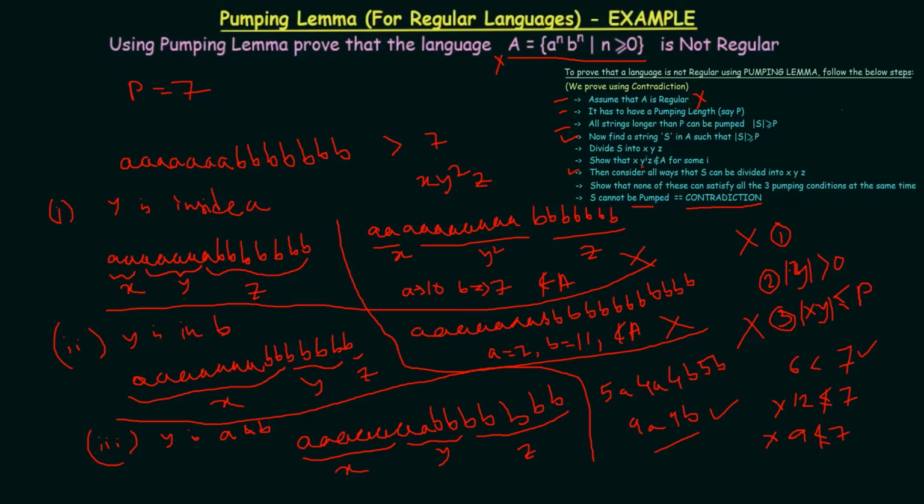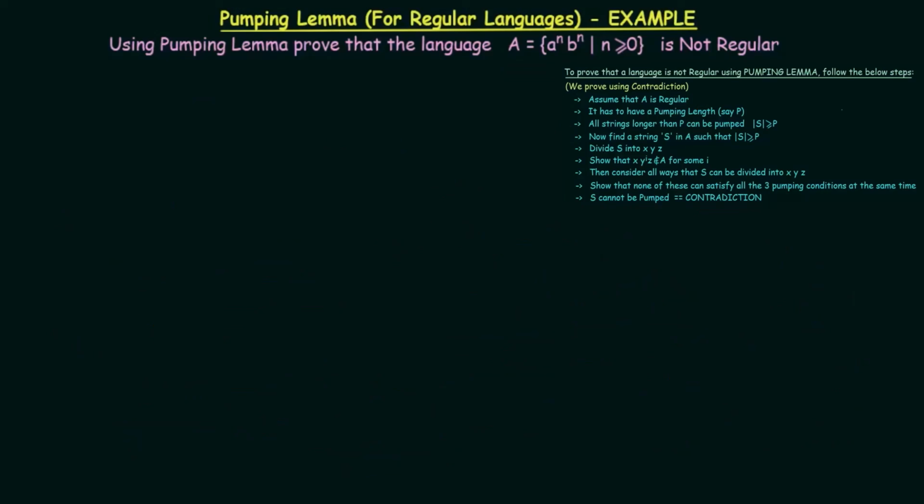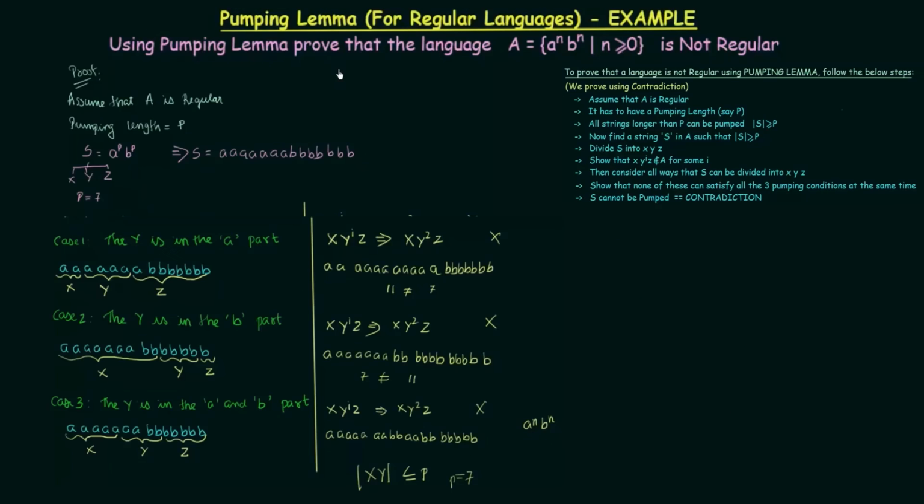So let me just show you the actual solution. I hope this was clear to everyone. Okay, so this is the final solution. You can see that only for the first case it is getting accepted, but in the rest of the cases it is not getting accepted.